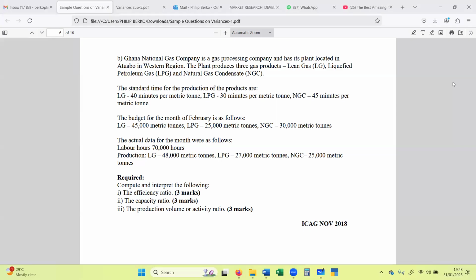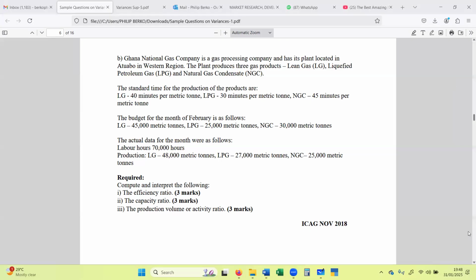Required: compute and interpret the following: I, the efficiency ratio; II, the capacity ratio; III, the production volume or activity ratio.